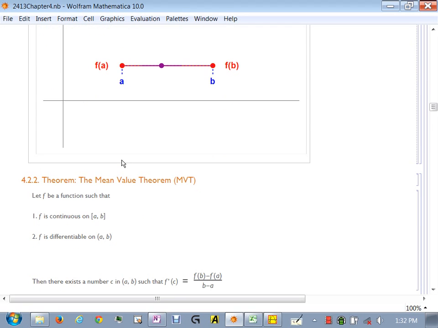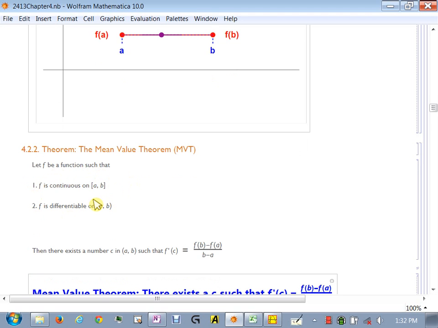Okay. From the Rolle's theorem, we get the mean value theorem. So I'll go through it, and then I'll explain what this last piece means. Let f be a function that's continuous on a closed interval. Same thing as Rolle's, right? Let it be differentiable on the inside, so no corners, no cusps. There exists a number somewhere in there such that the derivative is equal to, and this is where the change is, all right?